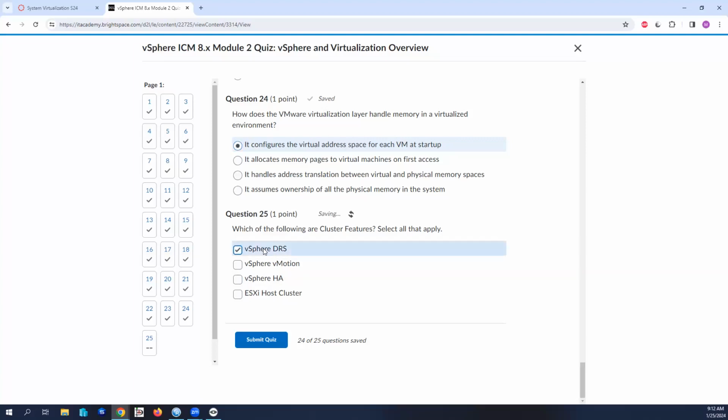Distributed resource scheduler is part of the cluster features, in that it can auto migrate virtual machines based on workload or CPU utilizations of other hosts that aren't so busy. There's one of them. Caleb, what do you think the last one is? Yeah, one of these middle 2.